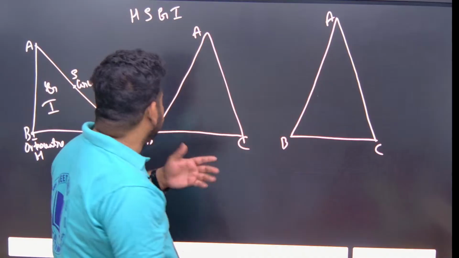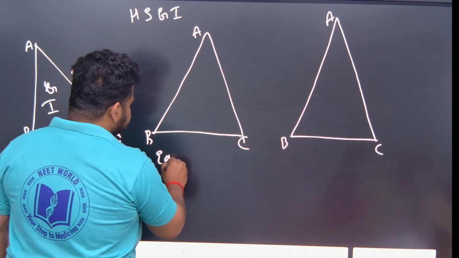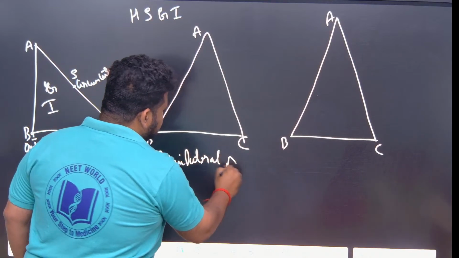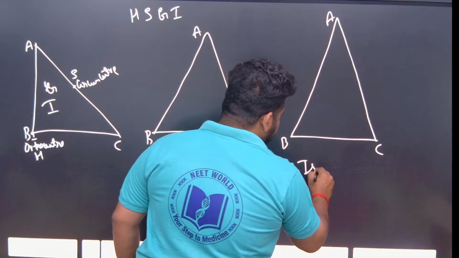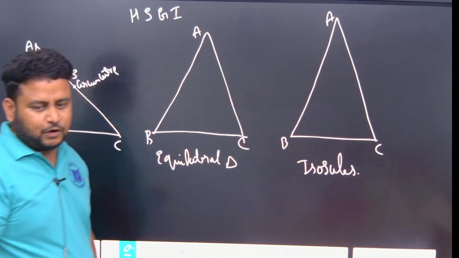Next, this one is an equilateral triangle, and this is isosceles. For scalene, it will not be possible; they will be there, but we cannot point them out anywhere.